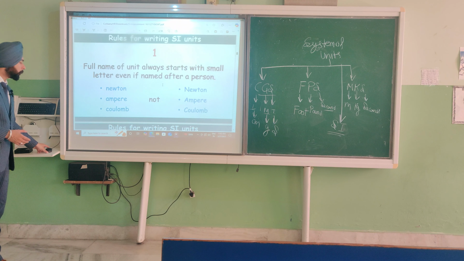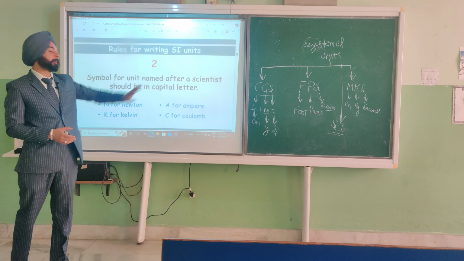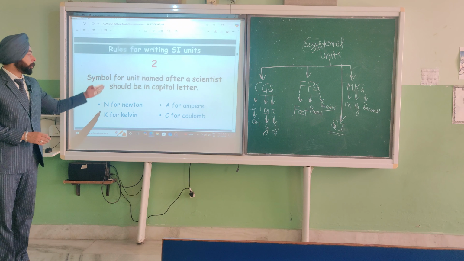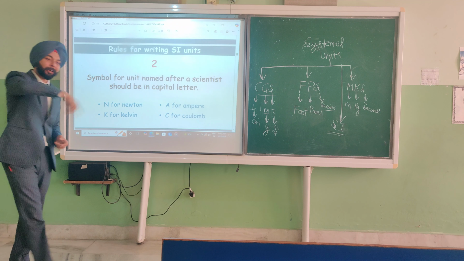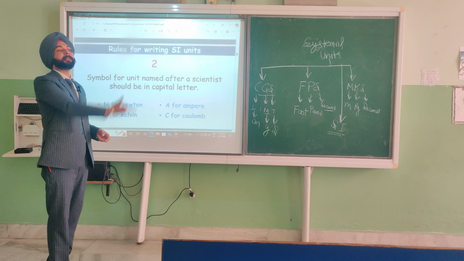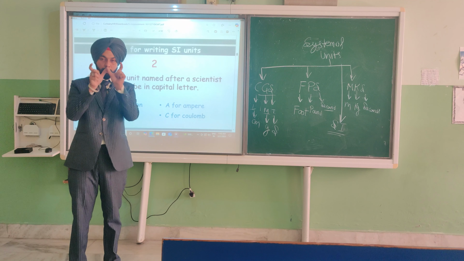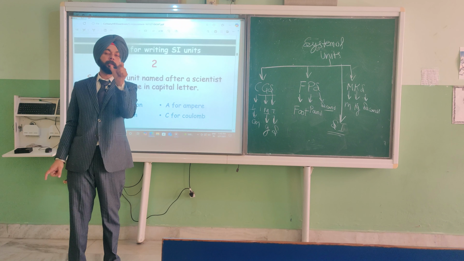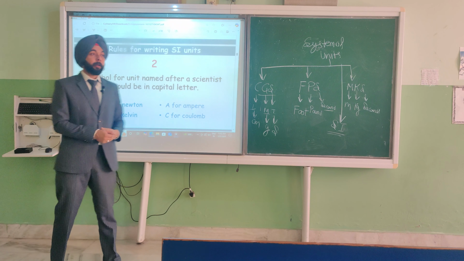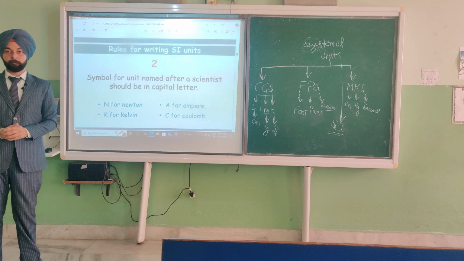Next, rule number 2: the symbol for a unit named after a scientist should be in capital. I repeat, when you write the full unit it starts with a small letter, but when you write the symbol it is in a capital letter.